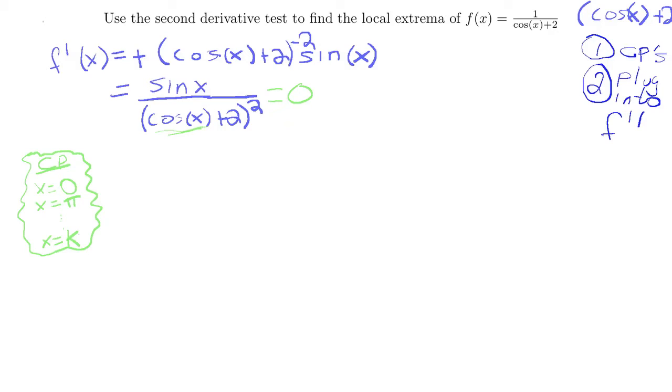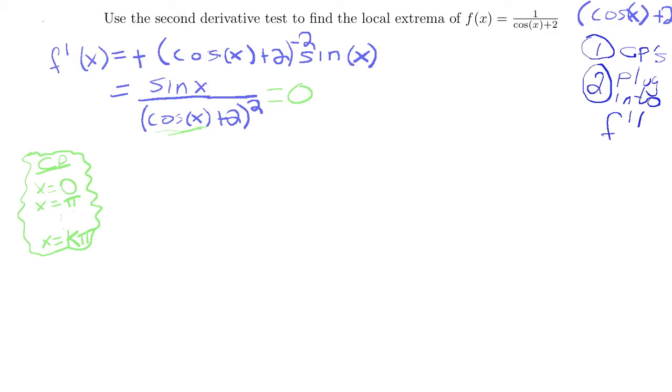So I'm just going to write k pi, where k is any integer, so a positive number or a negative number. So those are the critical points.